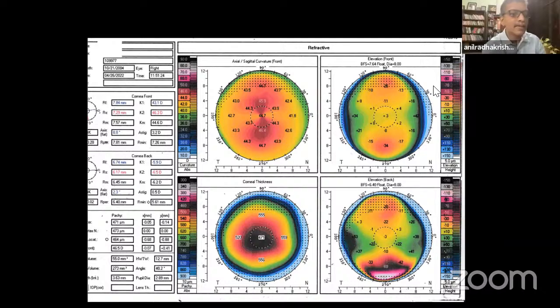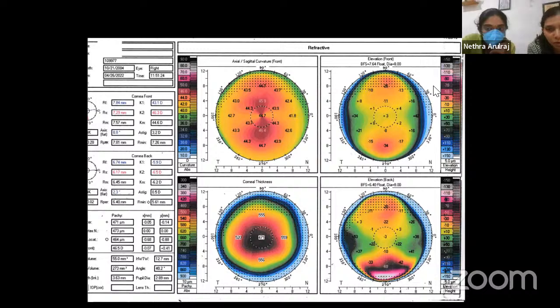You didn't comment about the quality score, no? Quality score is okay, and asphericity is, I think, minus 0.28. It's actually not visible. It's just minus 0.28, which is also within normal limits. Okay. What is the normal? We didn't talk about the value last time.